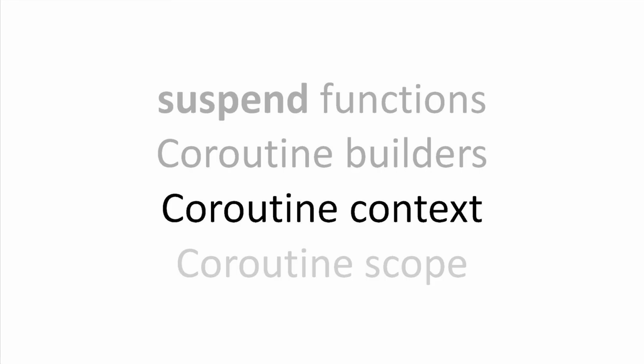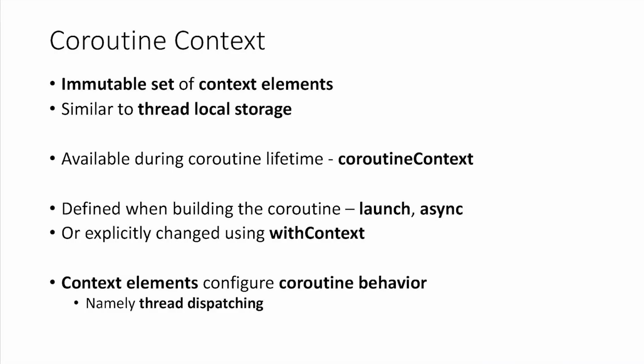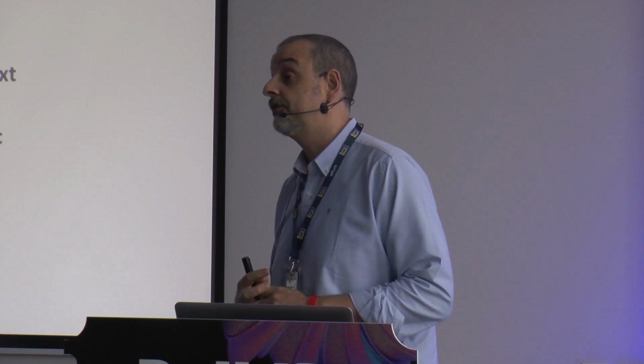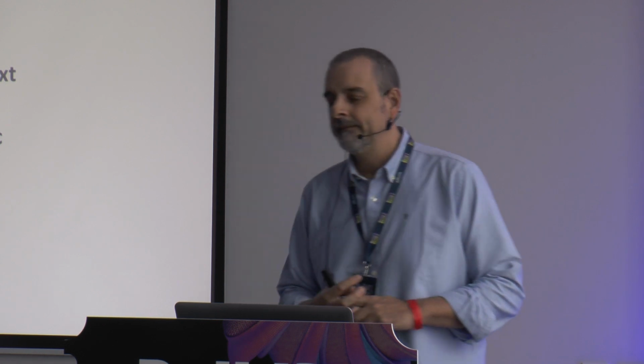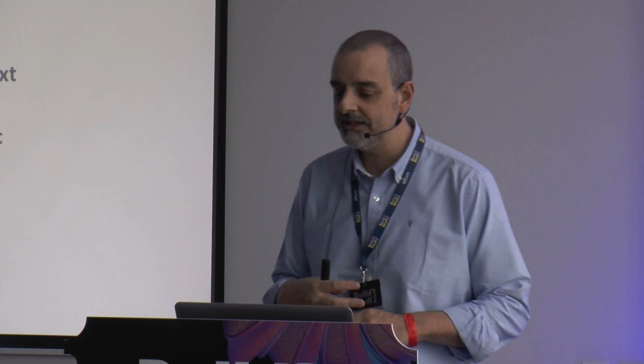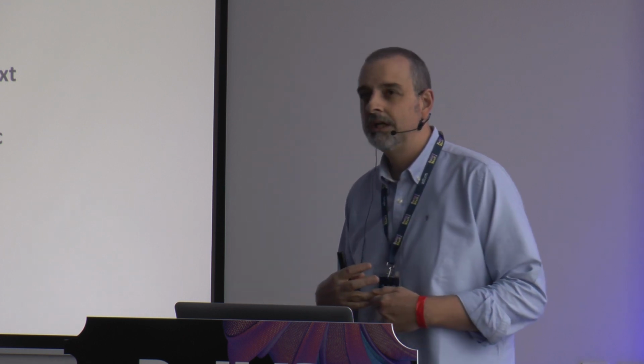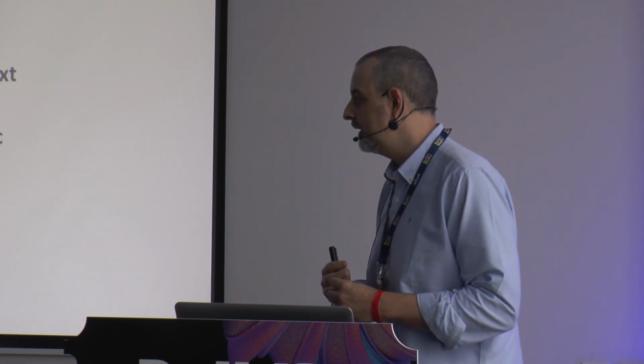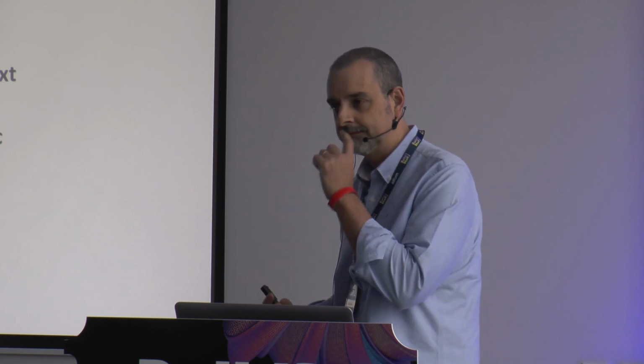Okay, third important concept, coroutine context. What is a coroutine context? Coroutine context is a set of immutable elements which have a purpose which is similar to thread local storage. Okay? When working on server side, it is rather common to have lots of ambient information.